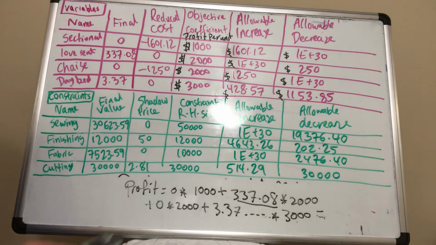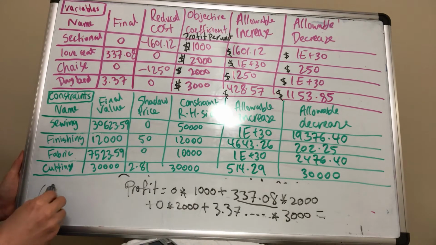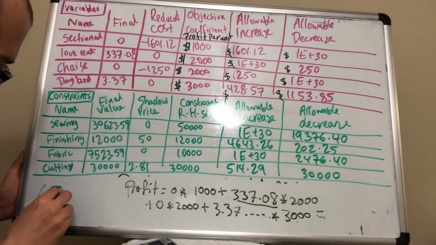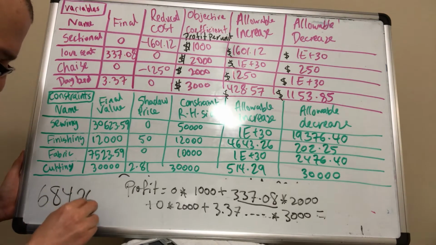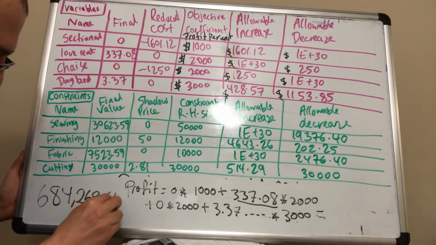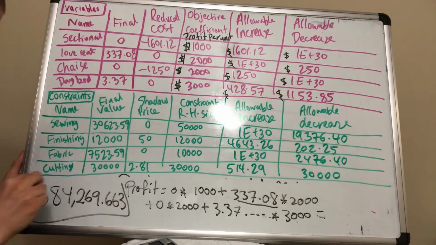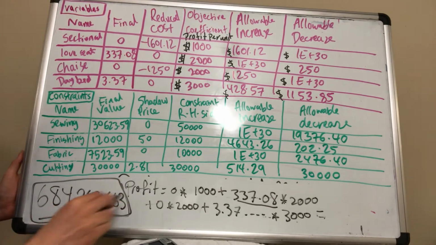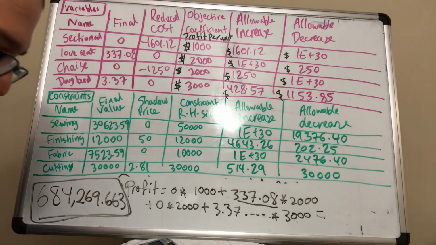I'll write it here, final answer would be 684,269 and about 63 cents. So do it, make sure you end up with this number. That was A, part 1 and 2.